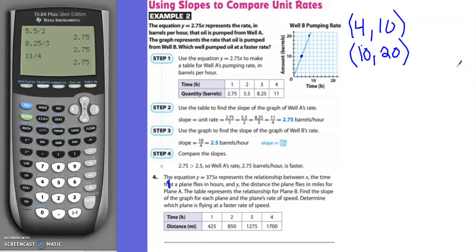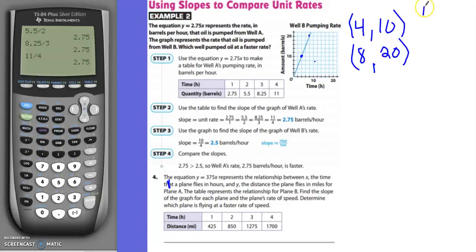Alright, so if we want to find the slope of this, we could do 10 divided by 4. Oh, I wrote that wrong. Sorry, that's not 10. That's 8. Sorry, 10 is here. So that's 8, 20.